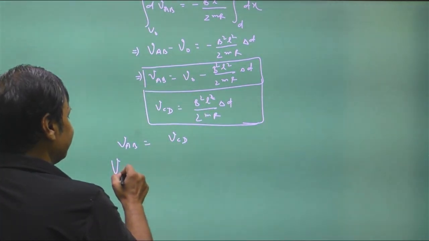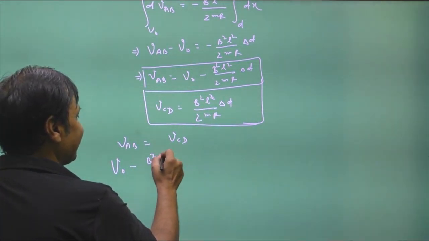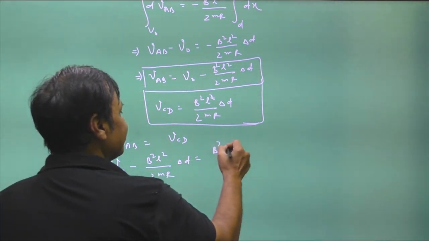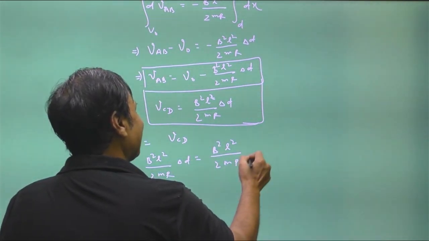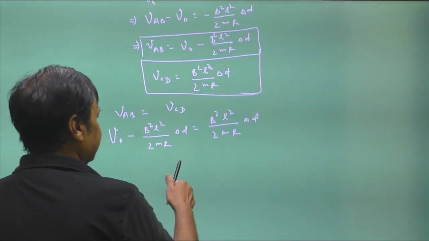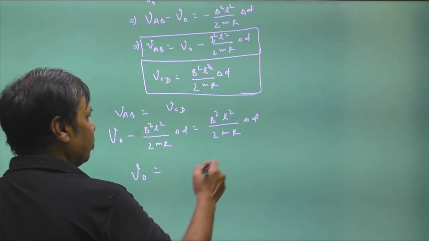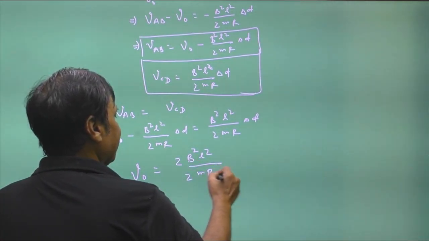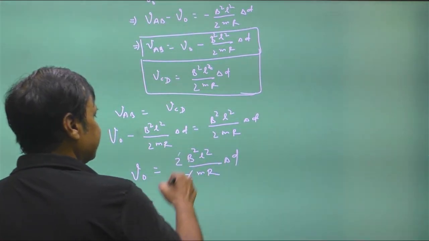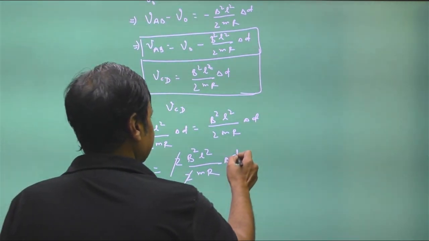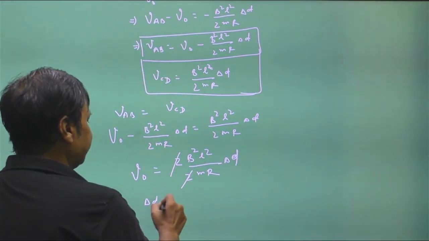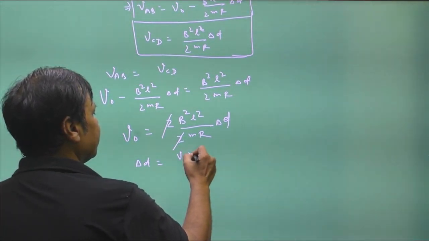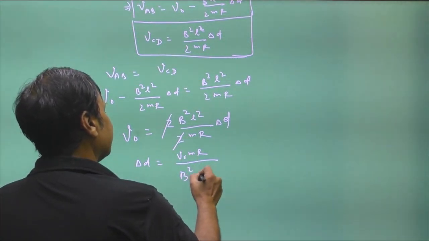And that means V naught minus B square L square upon 2mR delta d equals B square L square upon 2mR delta d, and that means V naught equals 2B square L square upon 2mR delta d. 2 gets cancelled out, and the value of delta d I got here is V naught mR divided by B square L square.